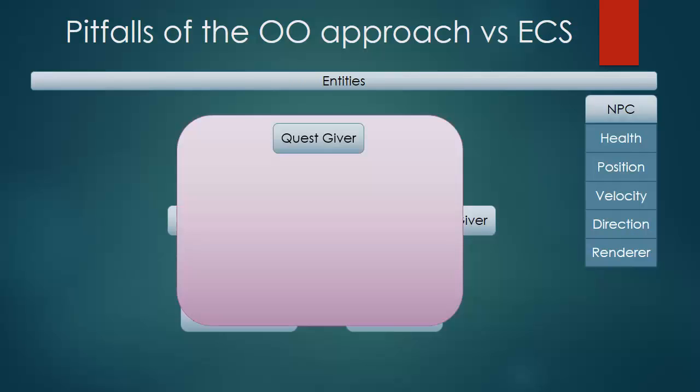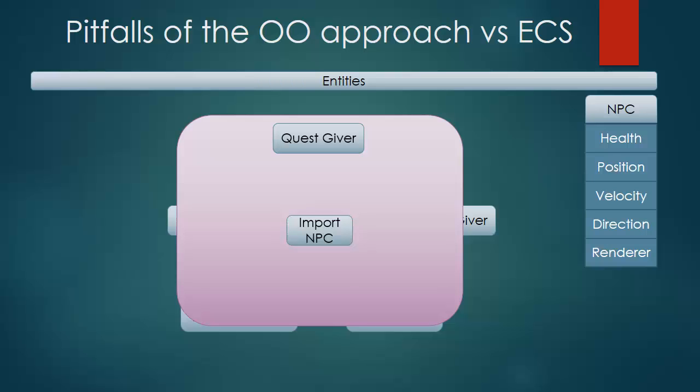So we'll take the quest giver, and now the nice thing about entity component systems is, since we're kind of making blueprints, so to speak, or some kind of template, right? We can just say, hey, let's import everything from the NPC. This is kind of like our inheritance, right?